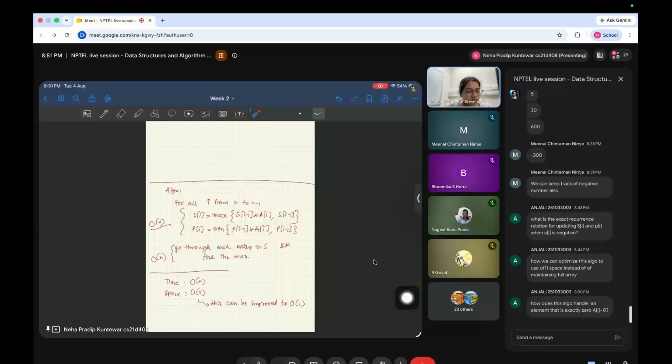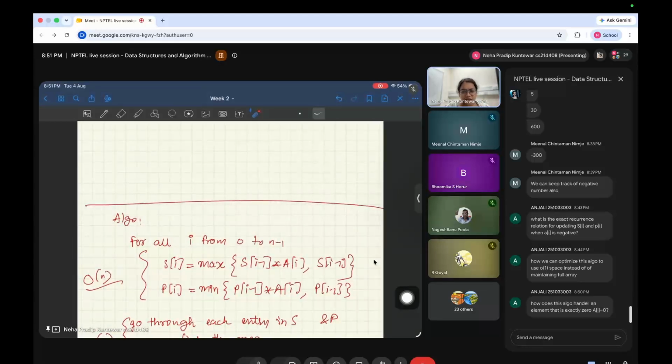The zeros and all will be taken care of in the loop itself, right? The max function will take care of which is larger in the end.